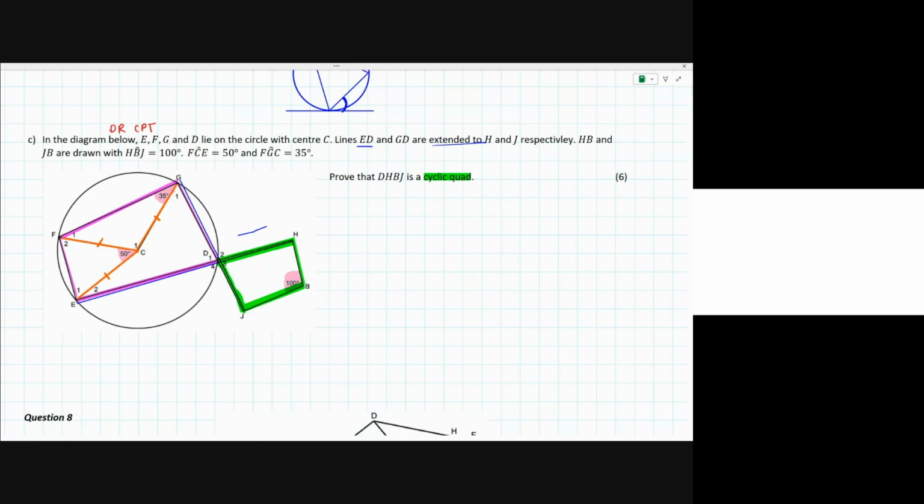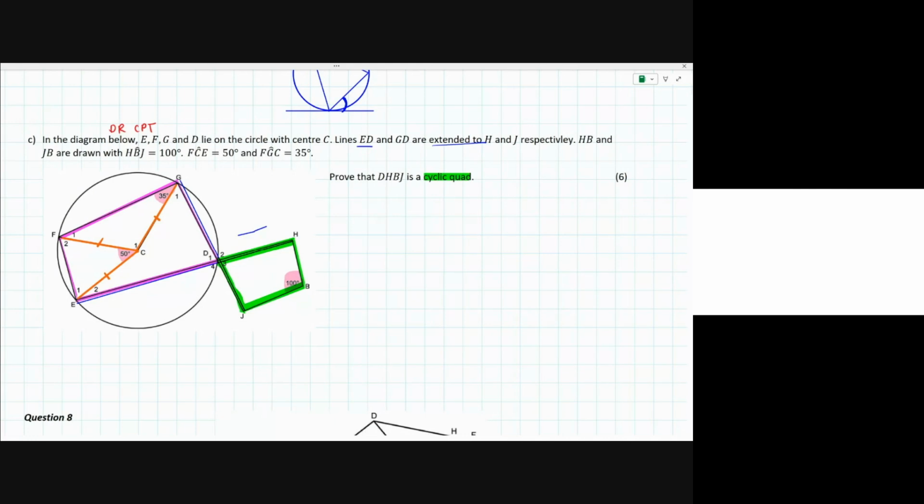We don't have any bow tie shapes in this green quadrilateral, so I'm probably not going to be able to use converse angles in same seg. I'm most likely going to use either exterior angle of cyclic quad, or the converse of interior opposite angles supplementary. Those will be the 2 ways I'm going to prove it's a cyclic quad. And in this case, you can actually do both. I'll chat about it as we get there.